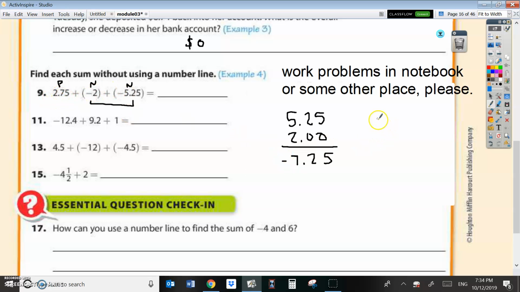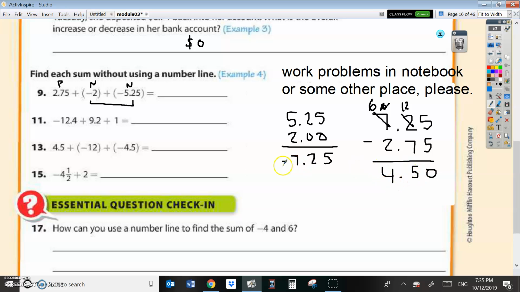And then I've got 2.75, so I need to subtract. Here, borrow, get a 6, make that a 12, get a 5 there, 4 there, but keep it negative.